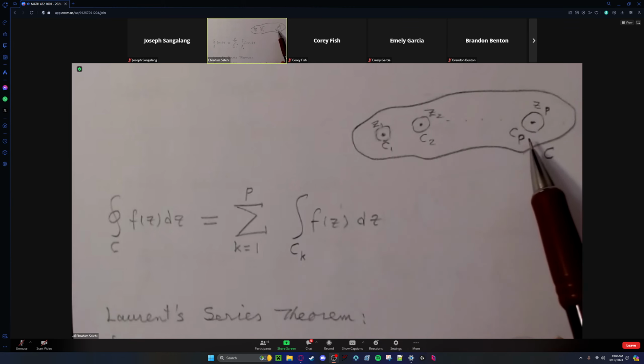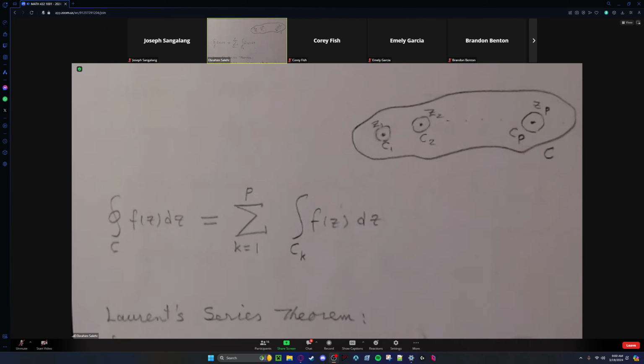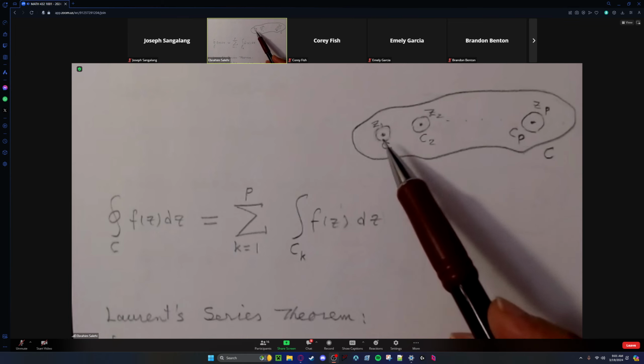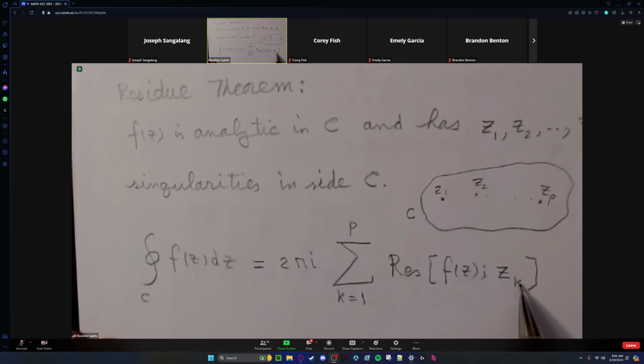Now, what is the advantage? When you are doing the integral over this one, there is only one bad point inside. And the integral over this one, based on the Laurent series, will be 2 pi i times the residue at that point. So this is called the residue theorem.